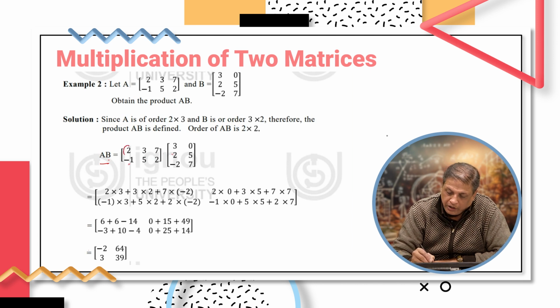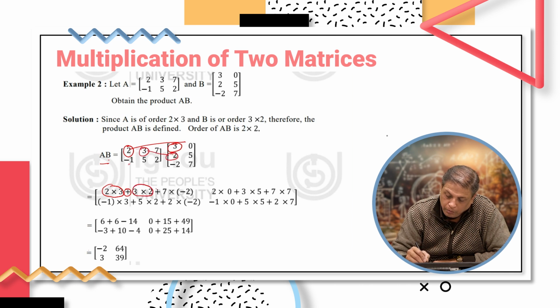So, the first point is 2 into 3. So, you see over here, 2 into 3 plus 3 into 2. The second value is 3 into 2 plus 7 into minus 2. So, 7 into minus 2.